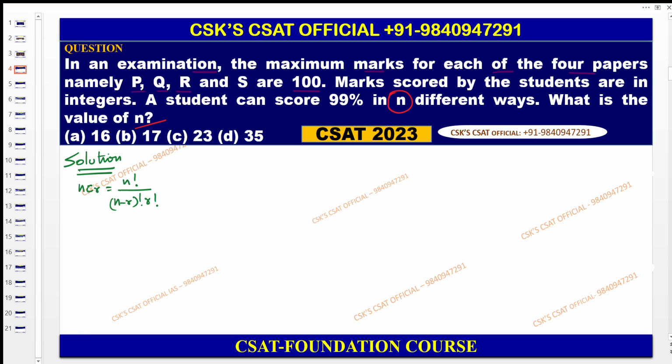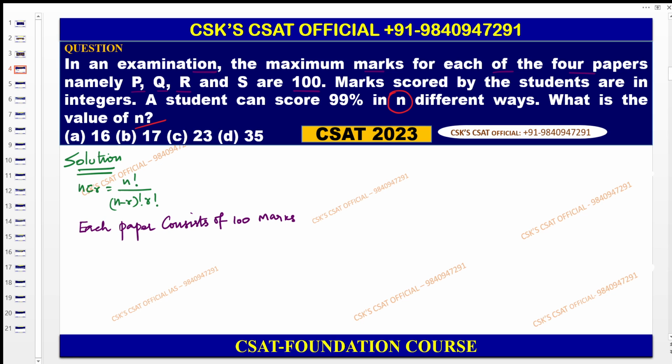Now I will tell you the first step. What you need to do here is, first of all, calculate the 99% marks. Each paper consists of 100 marks, right?